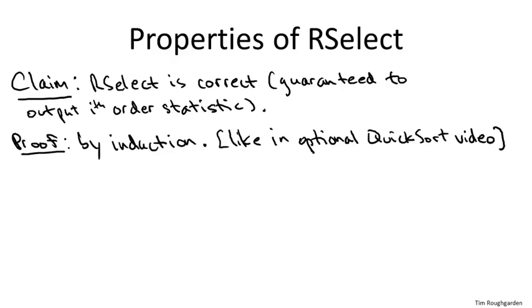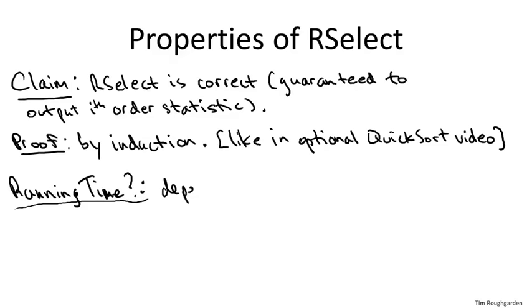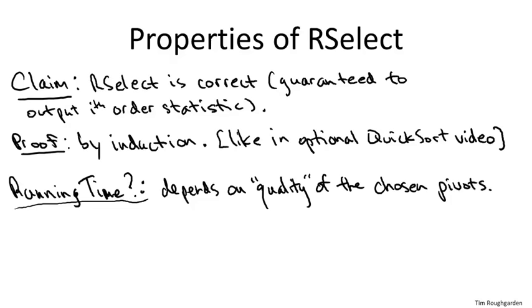As usual for divide and conquer algorithms, the interesting part is not so much understanding why the algorithm works, but rather understanding how fast it runs. So the big question is, what is the running time of this selection algorithm? Now, to understand this, we have to understand the ramifications of pivot choices on the running time. You've seen the quicksort videos, they're fresh in your mind.